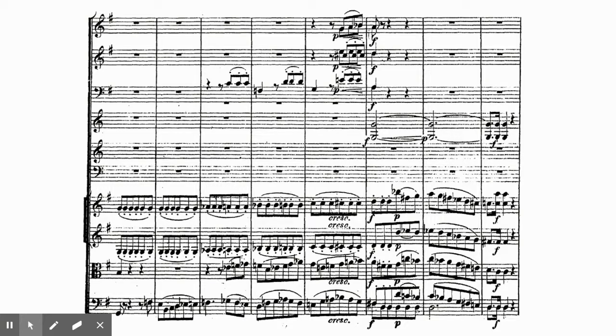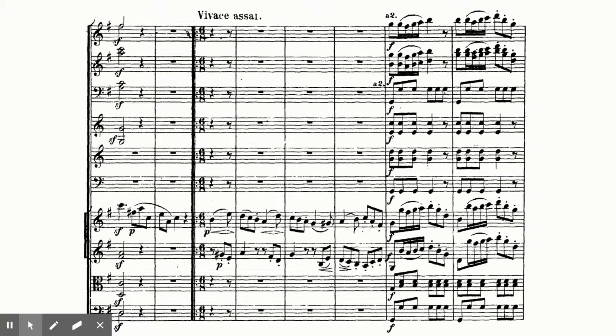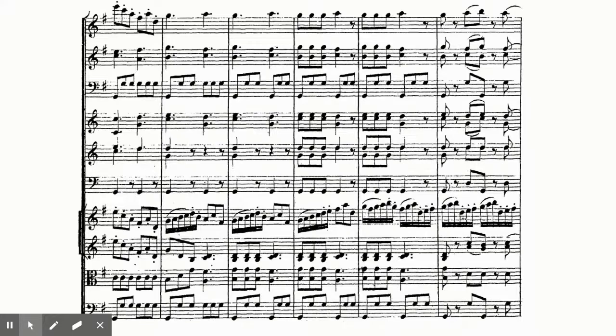That C sharp there leading in the violins downward to the C natural, again, kind of unexpected. And then when the vivace starts, it starts in A minor. And then we get G major.